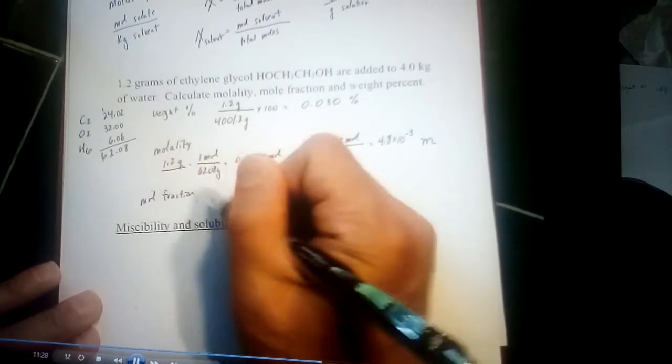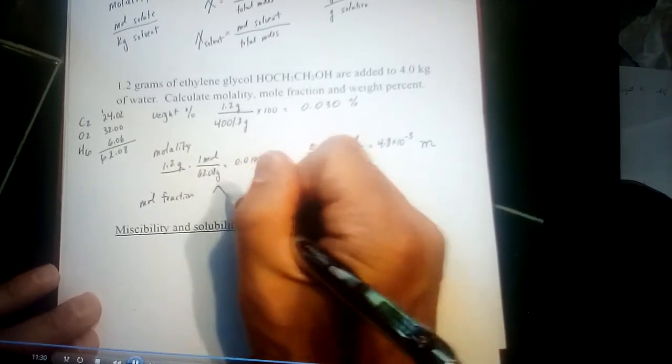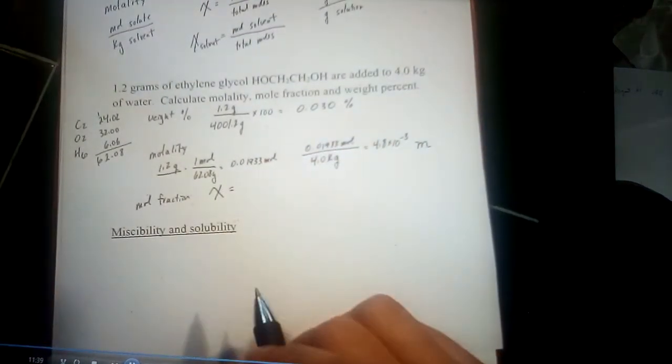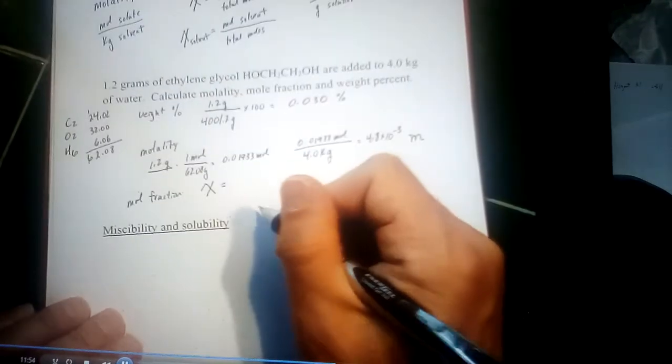And like we said before, mole fraction is abbreviated with the capital letter chi, it's kind of a fancy X. So this is going to be moles of the solute divided by total moles of the components of the solution. So we already figured out moles of the solute, the ethylene glycol. We're going to need moles of water here as well.